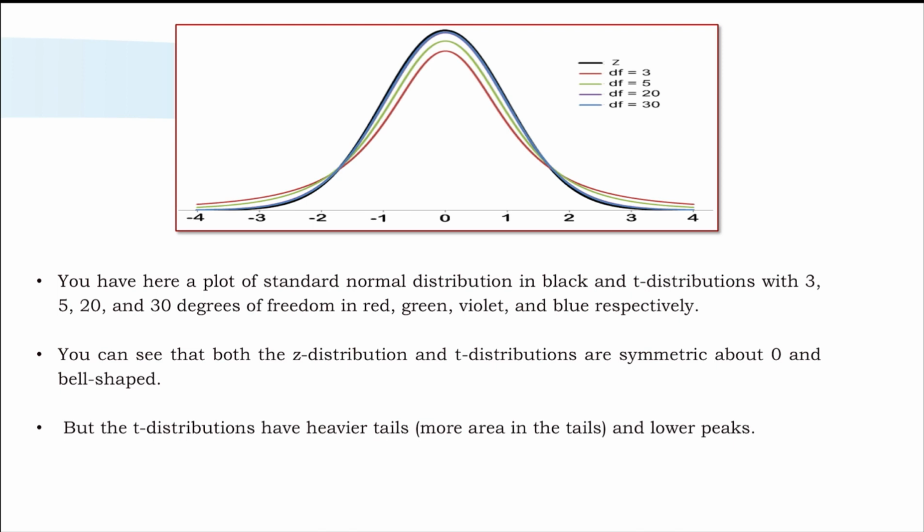You can see that both the z distribution and t distributions are symmetric about 0 and bell-shaped, but the t distributions have heavier tails, more area in the tails, and lower peaks.